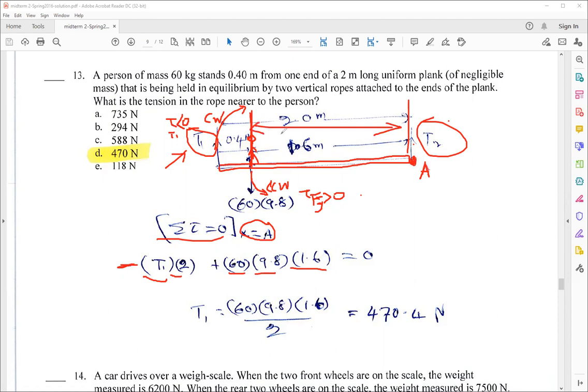Remember, the man is 0.4 meters from this end. Now, solving for tension 1 will just give us the value we have here, 470 newtons.